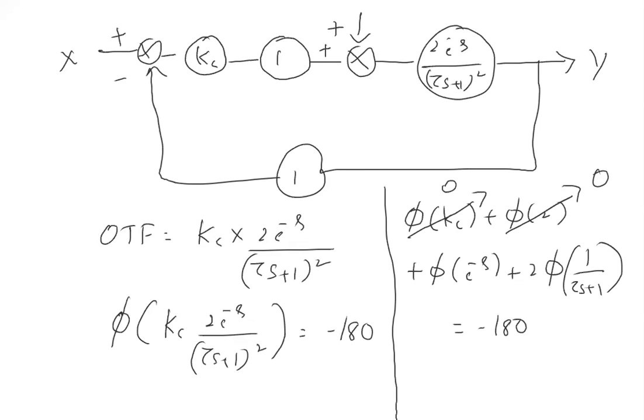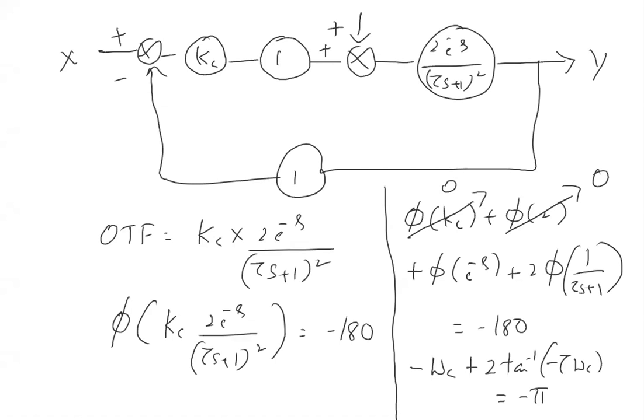So what is the phase angle of e power minus s? You can do it in two ways. If you solve in radians: minus omega c minus 2 into tan inverse of tau into omega c, equal to minus pi. Substitute omega c and get the value of tau. But remember, when solving in radians, your calculator should be in radians mode.